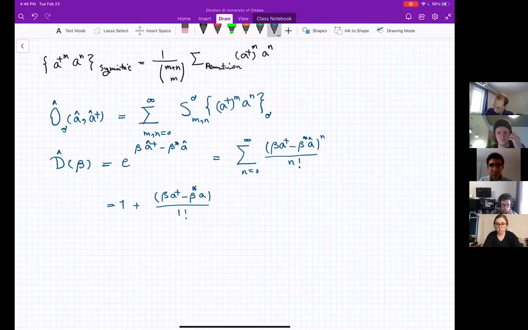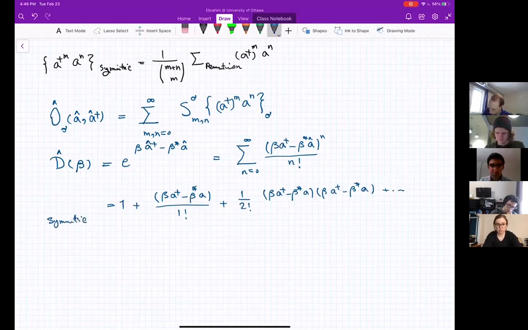That's a different scenario. Look at the other one: 1 divided by 2 factorial, I get beta A dagger minus beta star A times beta A dagger minus beta star A. Is that symmetric? Yes, I can expand it and I can make it completely symmetric. Fine. So this way of expansion will give me the symmetric way.